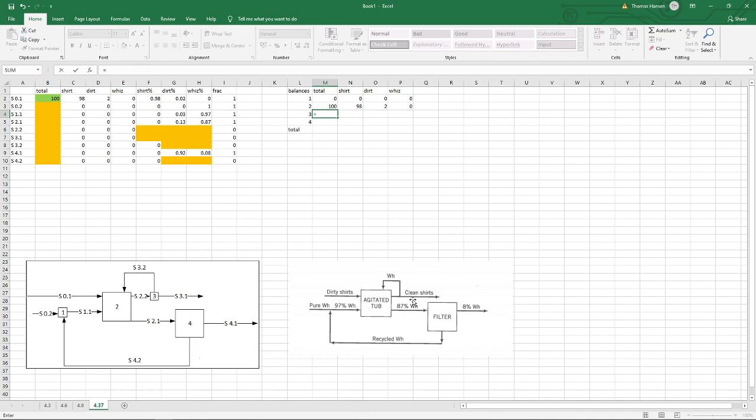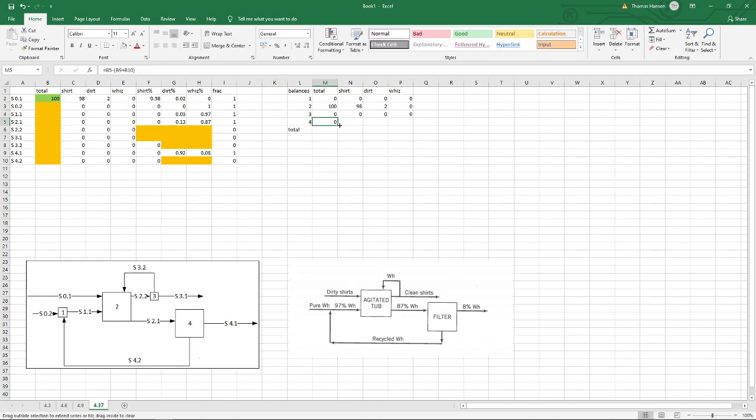We do it for the third one. What enters is 2.2. What exits is 3.1 and 3.2. Drag it along. For our fourth one, what is entering is 2.1. What is exiting is 4.1 and 4.2.